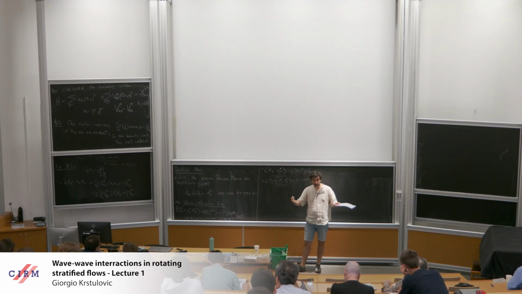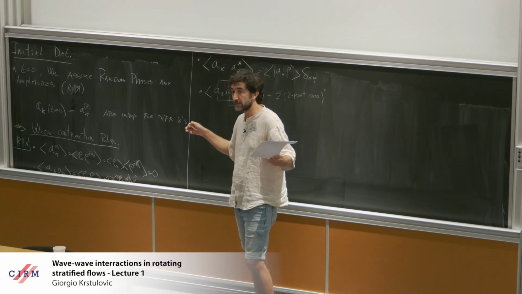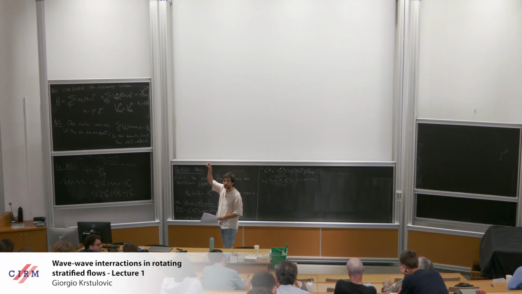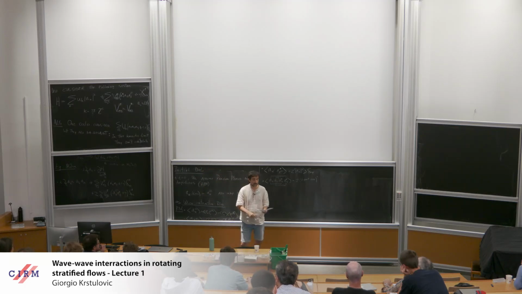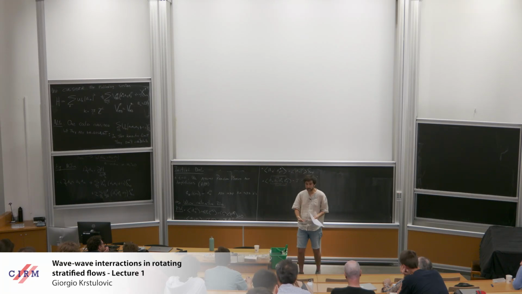So this is the setting. And now we want to take epsilon going to 0. It means that the linear time, which is the period of the waves, becomes of order 1, and the nonlinear time, which is given by nonlinearity, goes to infinity. So waves are very quick, and I want to get rid of them.